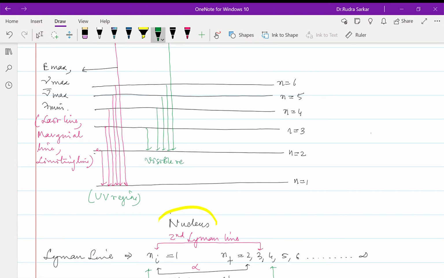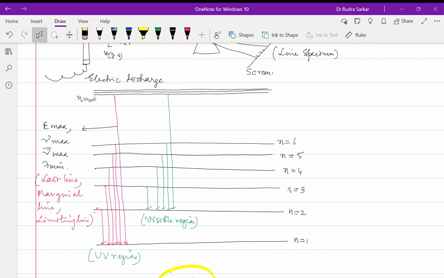So they will ask you in a question that which set of lines in a hydrogen spectrum belong to UV visible region or UV region. Okay, which set of lines belong to visible region, then you will say it is Balmer lines that belong to visible region. Okay, bolo.